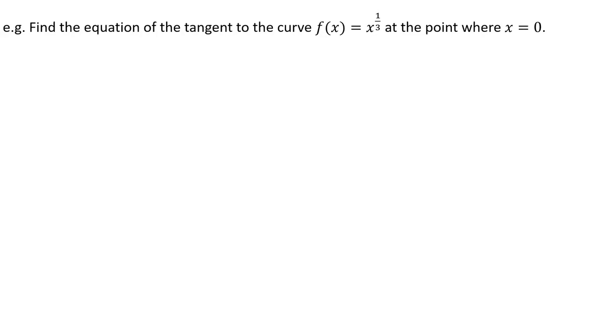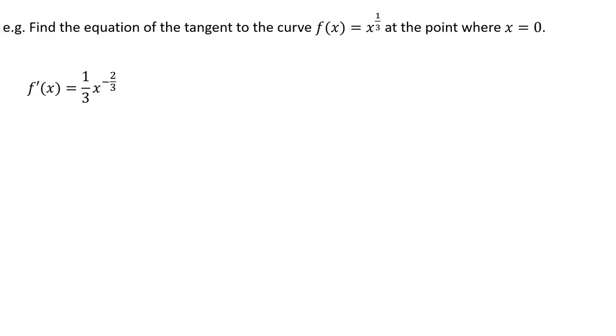Now, sometimes some slightly strange things can happen. So let's have a look at the tangent to the curve x to the power of 1/3 at the point where x equals 0. When I differentiate, I get this.